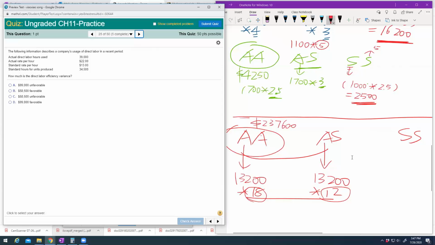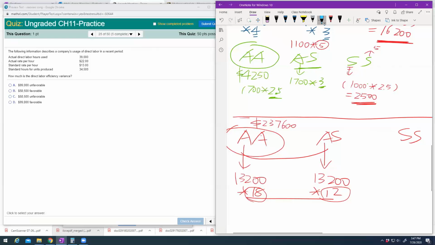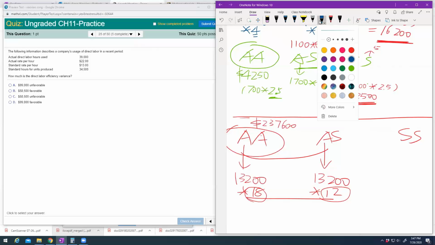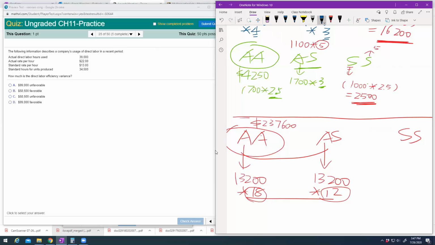Next one, asking about the efficiency. Now we look at the efficiency. Actual, standard. Actual direct labor hours used is 39,000. The actual rate we don't worry about. The standard rate is 13, so put 13 here.